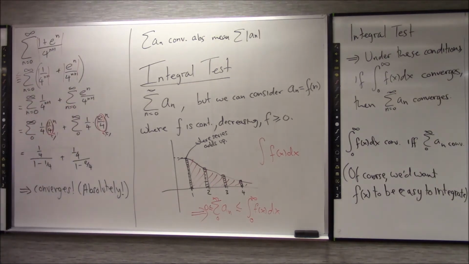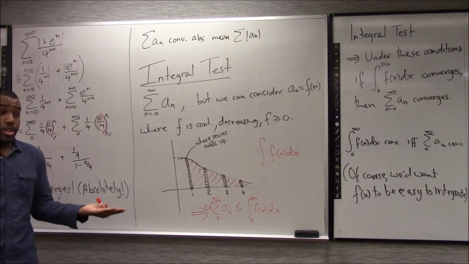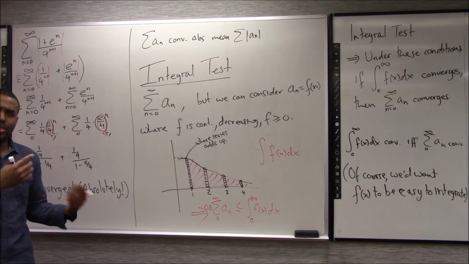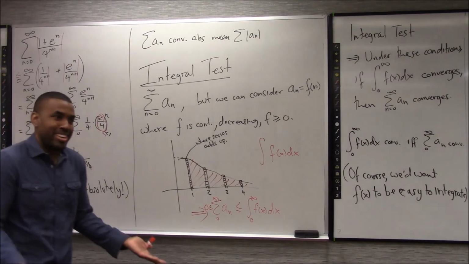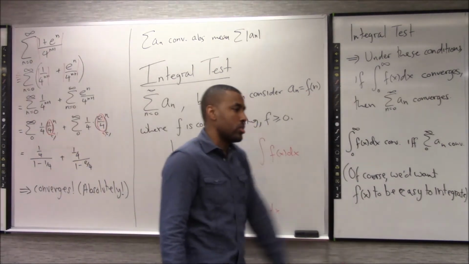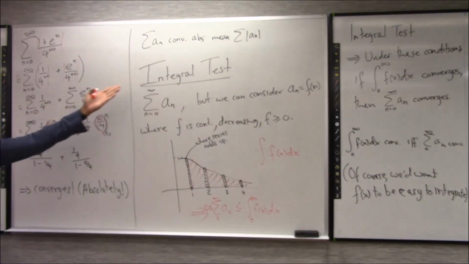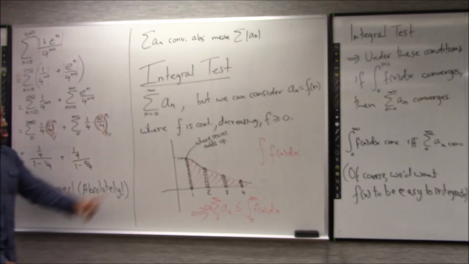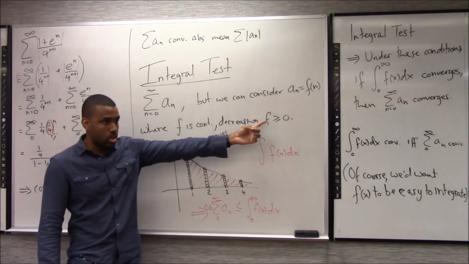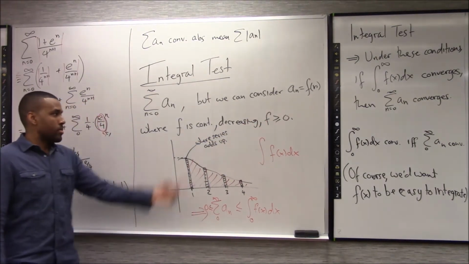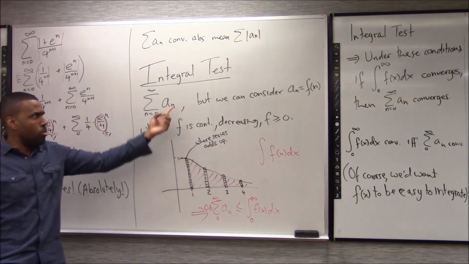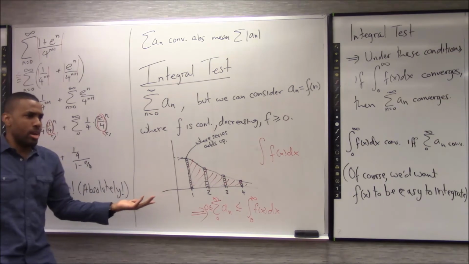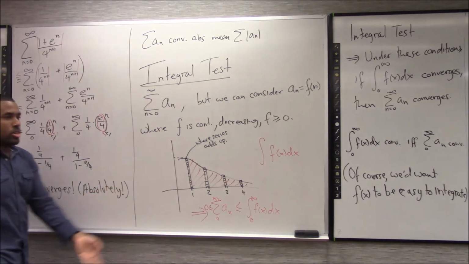So the idea is, as a series, I don't know how to deal with it, but if I think of it as an integral, hey, I actually know how to integrate that, and then this becomes a thing you can use. So one situation in which you want to use the integral test, first you have to verify that these conditions hold. It's continuous, it's decreasing, it's positive. And then you can say, oh, that thing looks like something I know how to integrate very easily. You can do the integral test.